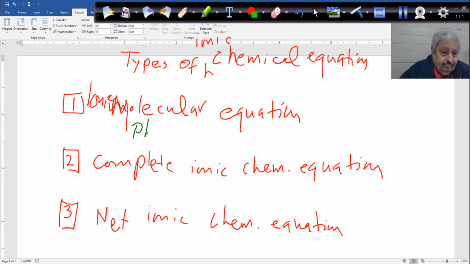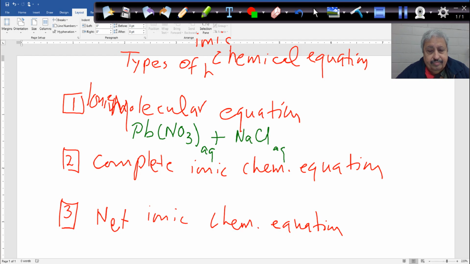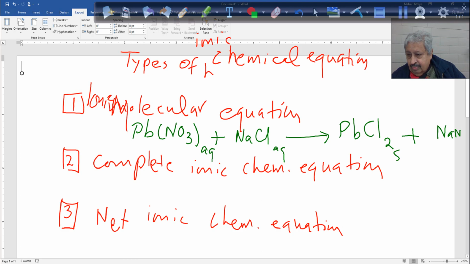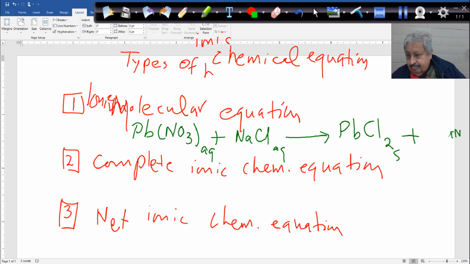So we have lead nitrate aqueous plus sodium chloride aqueous gives you lead chloride solid plus sodium nitrate aqueous.